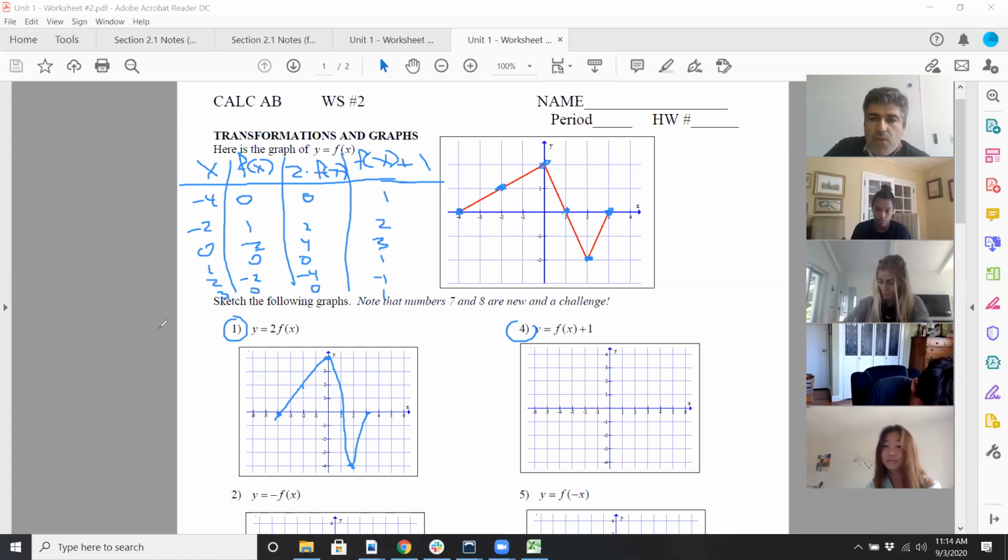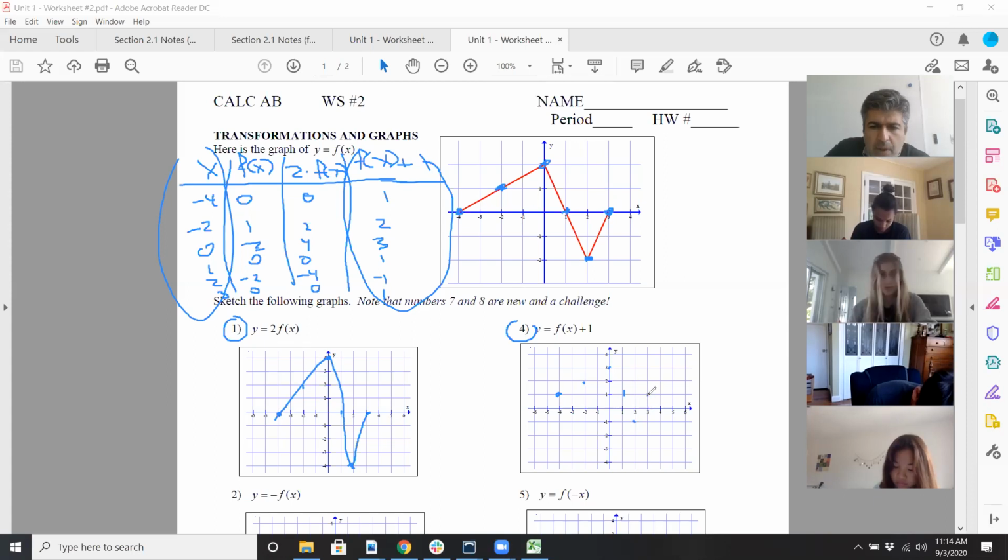And you plot those points. So you're plotting your original x values with your transformed y values, that's what we call it, transformed. It's changed. So -4, 1, -2, 2, 0, 3, and then 1, 1, 2, -1, and 3, 1.